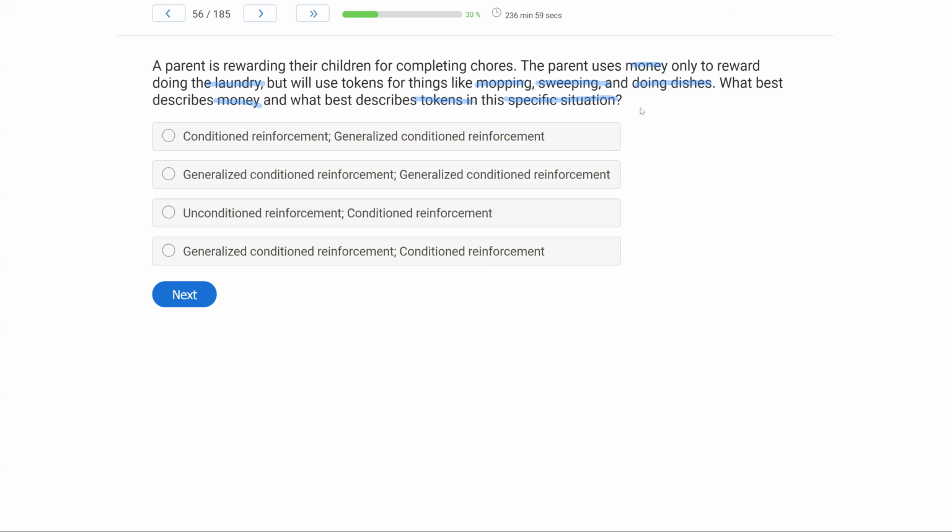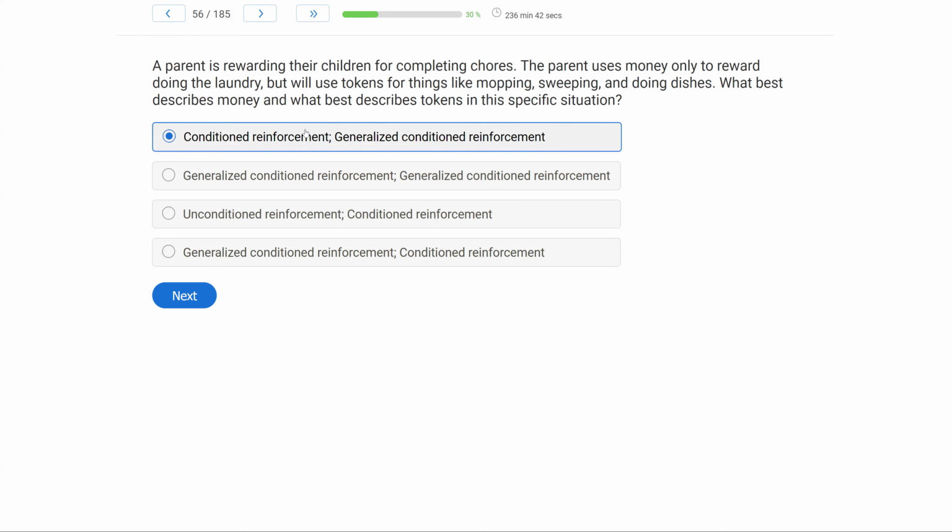Well, we know money is not unconditioned, so C is out. And then D, generalized conditioned reinforcement and conditioned reinforcement. Again, same issue as B. The money is not generalized in the situation. The money is used only for the laundry. So in this case, the money is conditioned, while the tokens are generalized conditioned reinforcement.